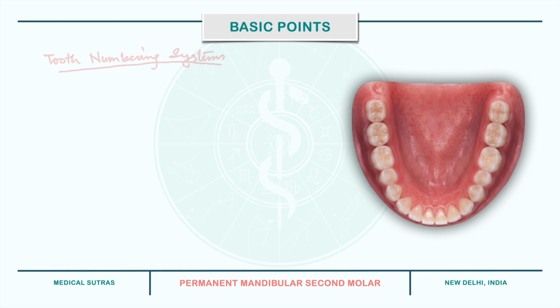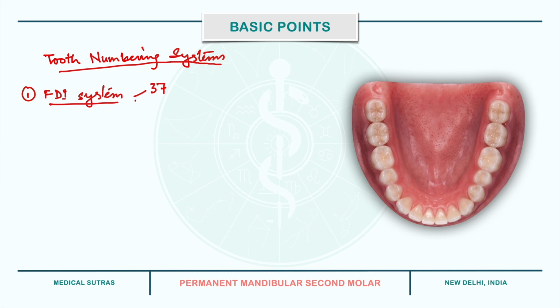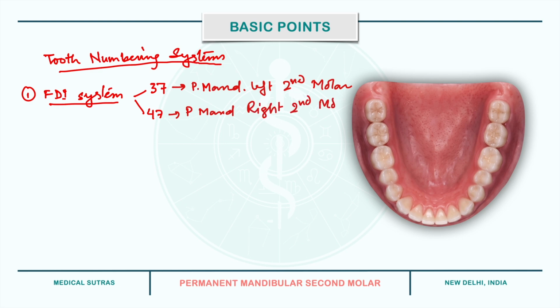Now moving on to the tooth numbering system. As per the FDI system of notation, the permanent mandibular second molars are denoted by the digits 3-7 and 4-7, where 3-7 denotes permanent mandibular left second molar and 4-7 represents permanent mandibular right second molar.